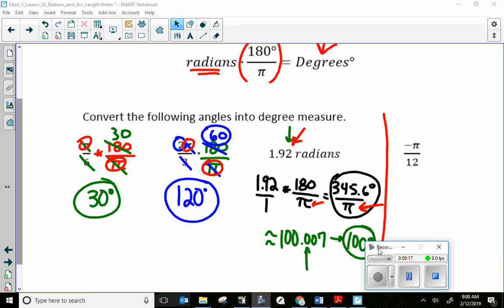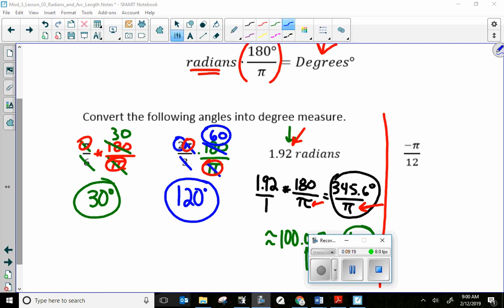All right, this last one. We have a negative. Big deal. We're still going to multiply it times 180 over pi. Started with the pi, so they cancel. Don't forget, we still have a negative sign up here, so I still have negative 1. And 12 goes into 180... how many times does 12 go into 180? 10? 15?